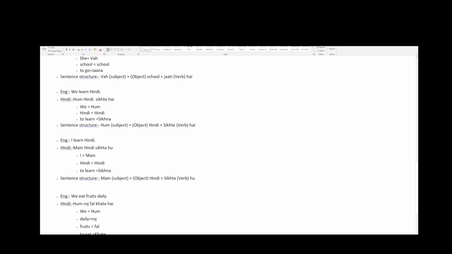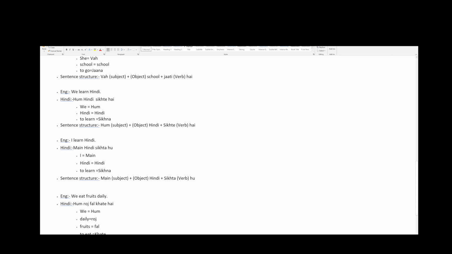Now next sentence is I learn Hindi. मैं हिंदी सीखता हूँ. So whenever there is मैं, you need to end your Hindi sentence with हूँ. मैं हिंदी सीखता हूँ. For I we use मैं, हिंदी, to learn, सीखना. मैं is a subject, हिंदी is the object, सीखता हूँ.